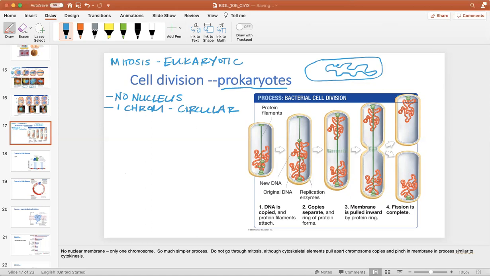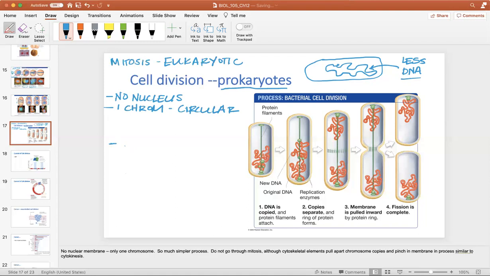So they have much less genetic material, so less DNA overall. These guys are just simpler. You just don't need as many genes that provide the instructions for how to make a bacterium as you do to provide the instructions to make a human being, right? So prokaryotes, much simpler. Therefore, their process of cell division is also much simpler.